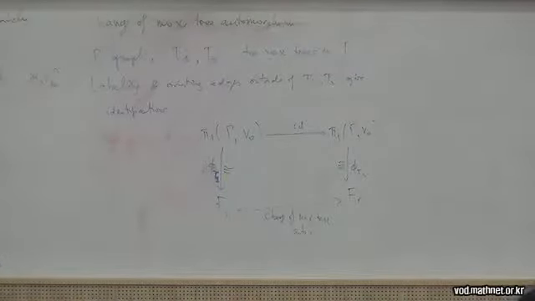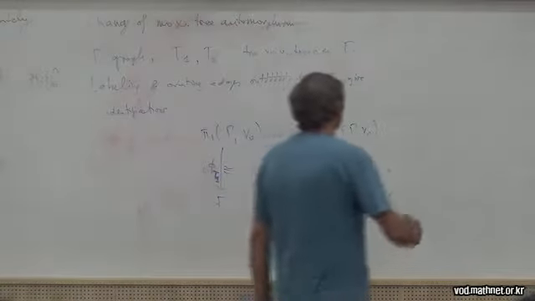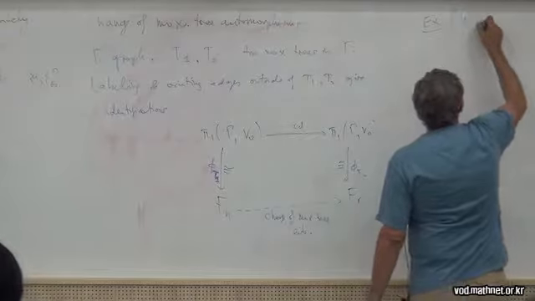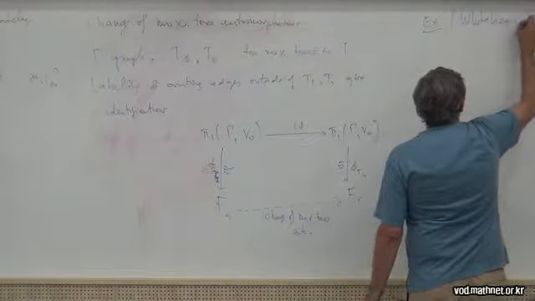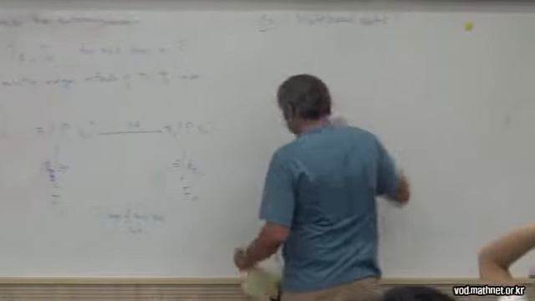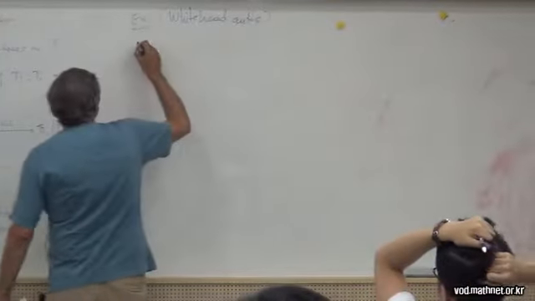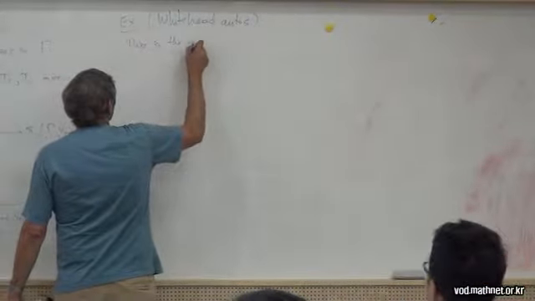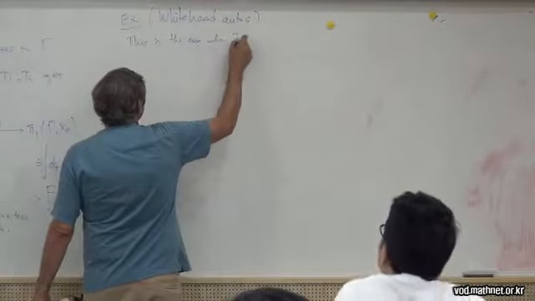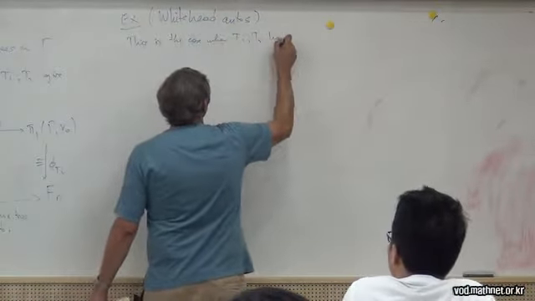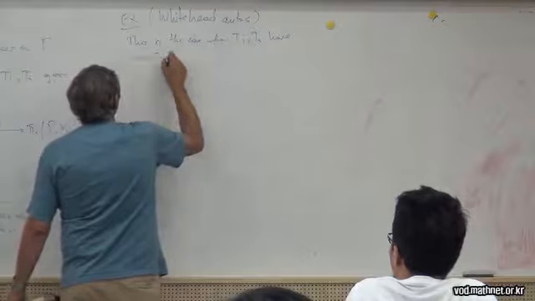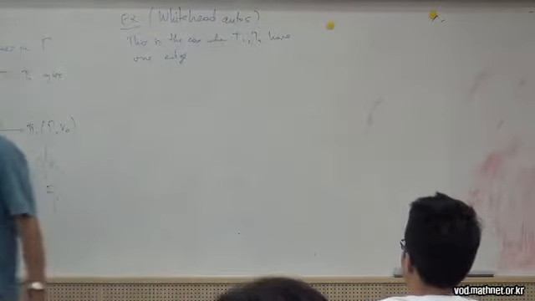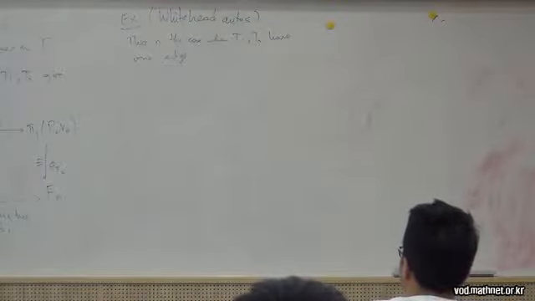The main examples of such automorphisms are Whitehead automorphisms. This is the case when T1 and T2 have one edge. If you have a graph where a maximal tree has one edge, then you know what the graph looks like.